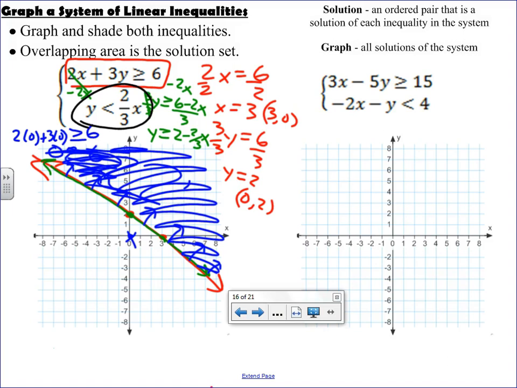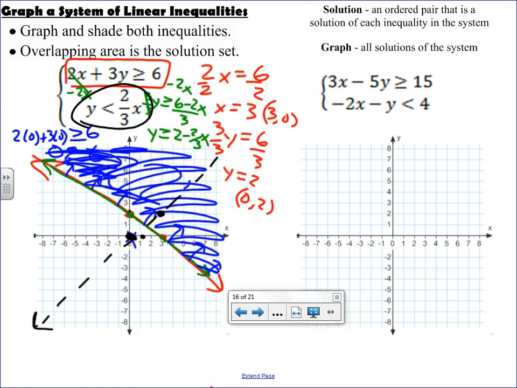So I have an intercept of 0, slope of 2/3, so I go up 2 over 3. This one is just less than, so it's going to be a dashed line. Now I can't choose (0, 0) because it's on the line. So this time I'm going to choose (1, 0).